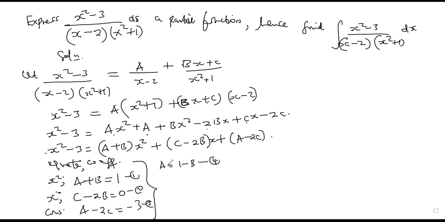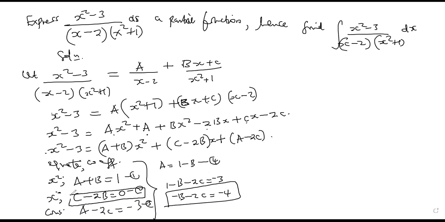Then you substitute for a here, so it's going to be 1 minus b minus 2c is equal to negative 3, so that negative b minus 2c is equal to negative 4. So you will solve this equation with the other equation because they have the same values.